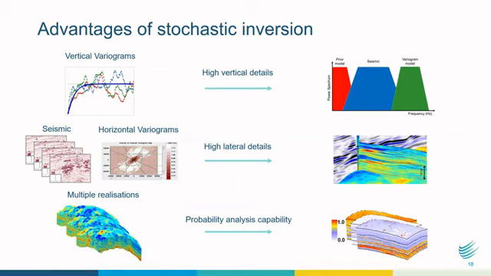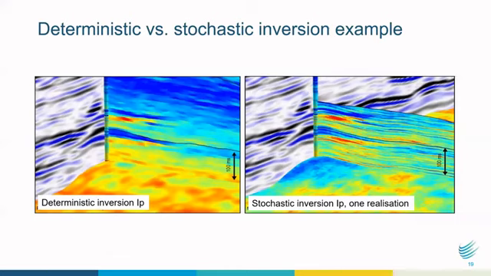The second is high lateral detail, achieved by using seismic data itself, and additionally by using horizontal variograms. And the third is the ability to estimate prediction accuracy, which is a product of analysis of a large number of computed realizations.